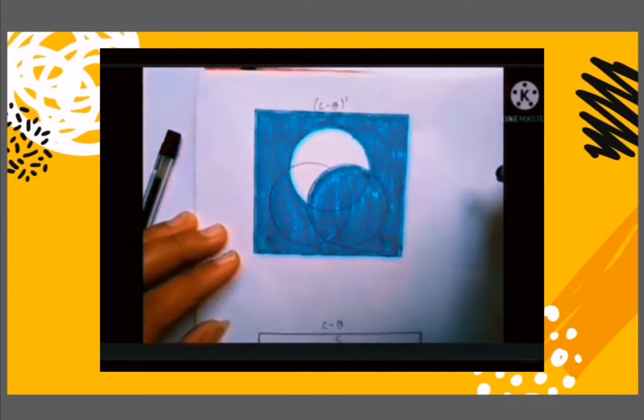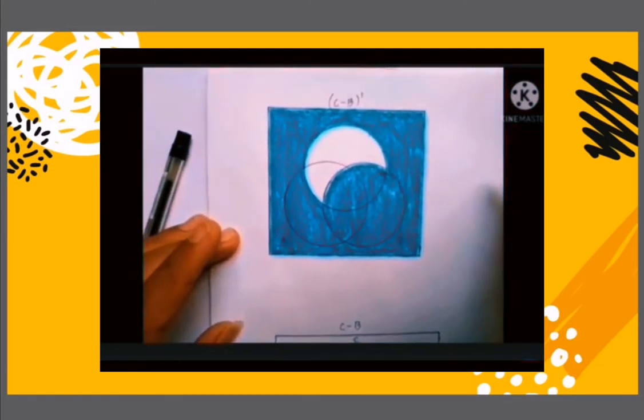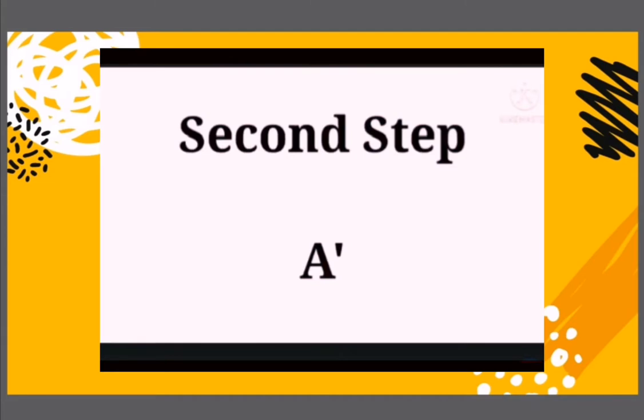So this is our set C minus B complement. Second step is to find A complement.